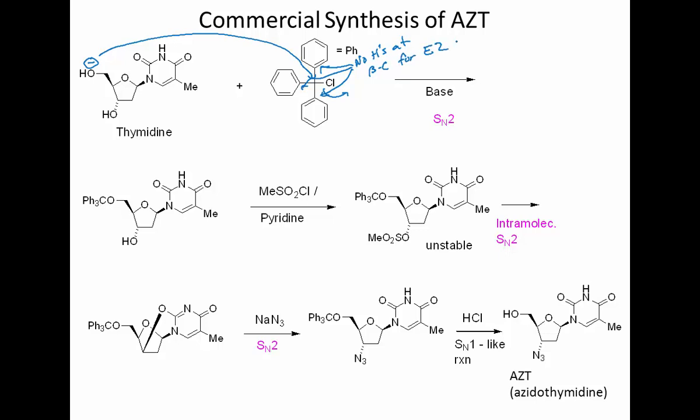So we can't do an E2 in this system. So the SN2 occurs, and this produces the ether that you see right here.